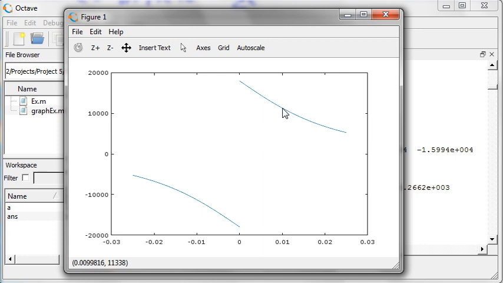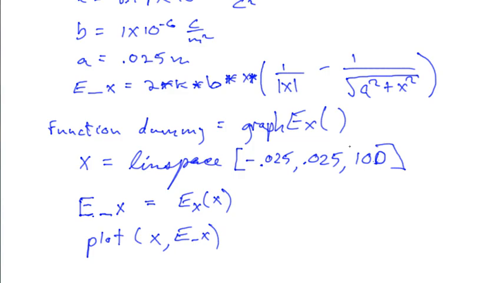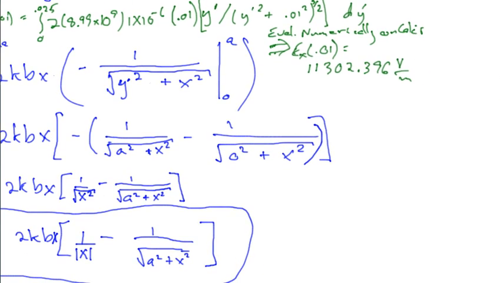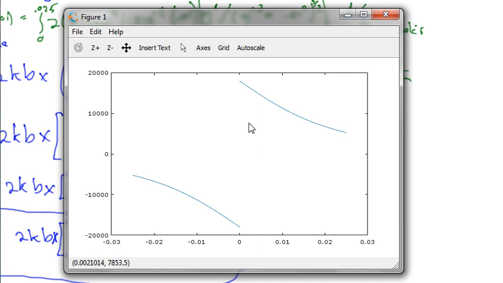But we're at about 11,000 something, and once again we calculated in the check 11,000 something, 11,300, and this is saying at 0.01.